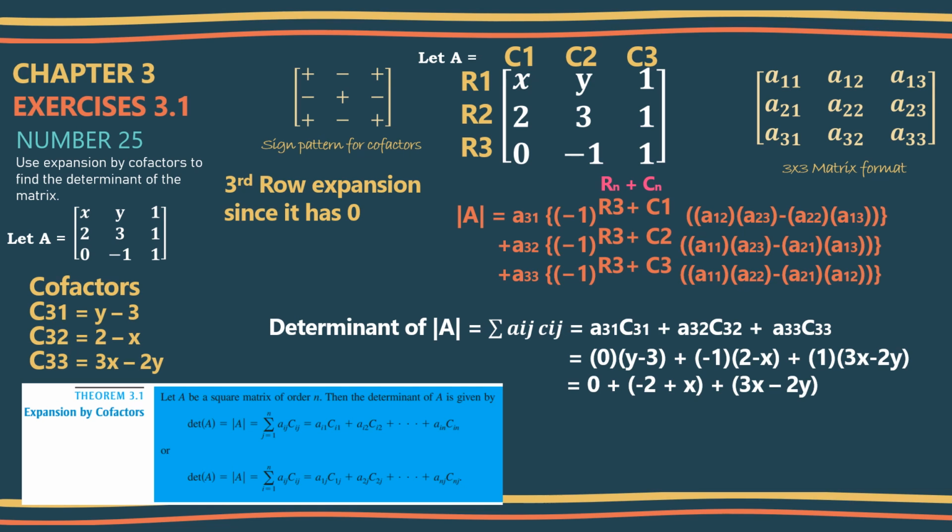Since we have 0, we can cancel that and then we proceed to the negative 2 plus x plus 3x minus 2y. And then combining like terms, we got 4x minus 2y minus 2. This is our final answer. This is the determinant of matrix A.